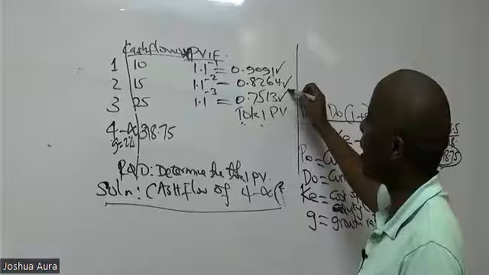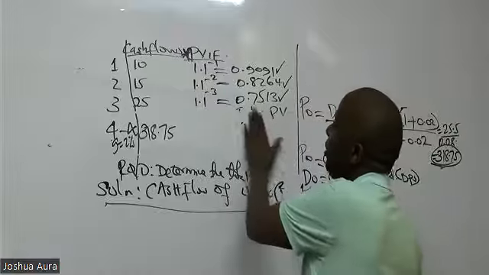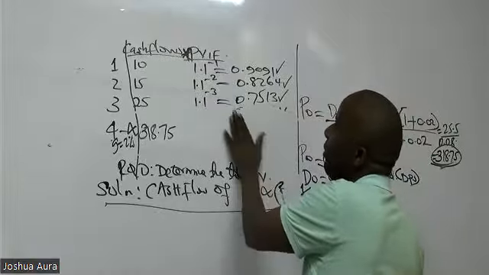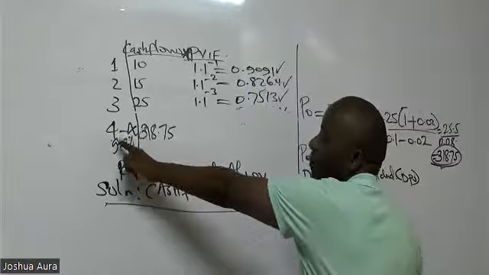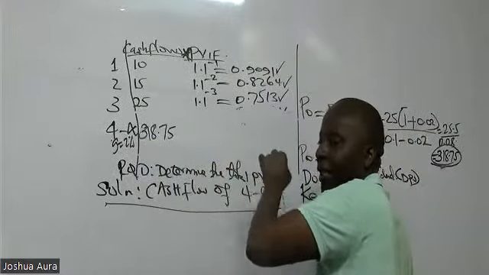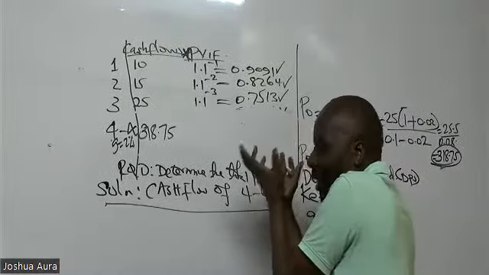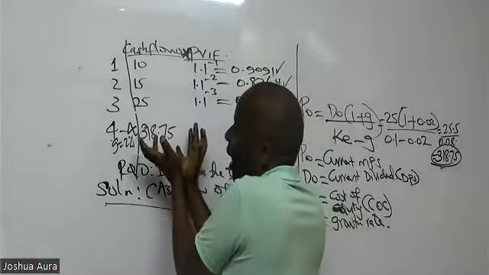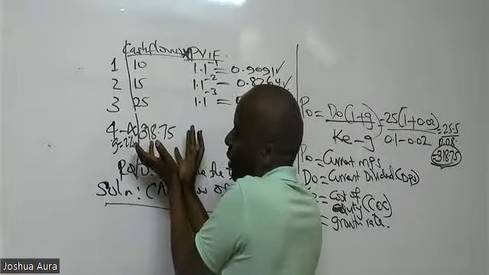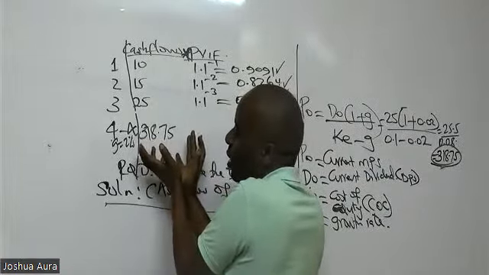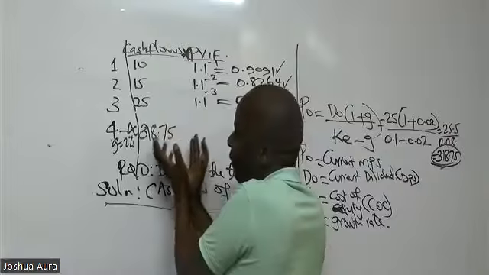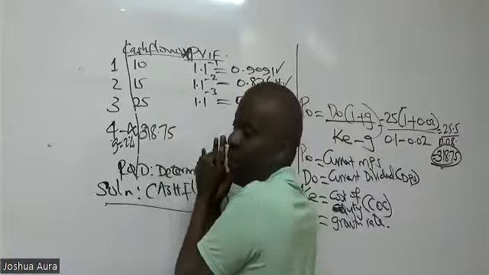Year number 3, correct. But how about now the PV for year 4 to infinity? Remember, I've been able to lump it together and bring it here as a lump sum amount. Will, what do you think could be the PV for this infinity amount?